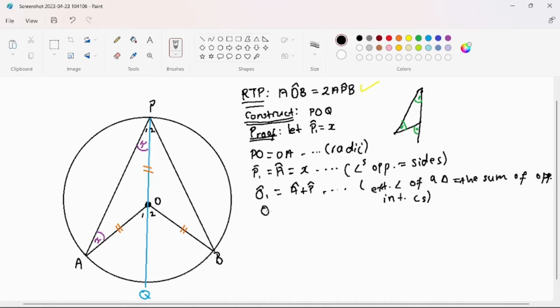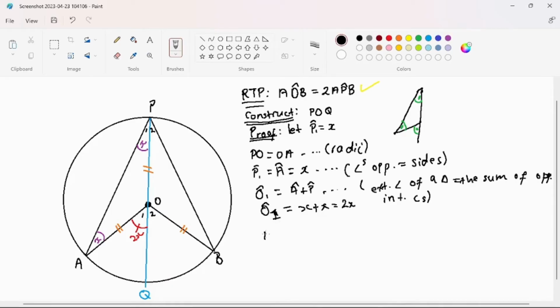So what does that mean? It means that our O1 is going to be X plus X, which is going to give us 2X, right? So we obviously have to label it on our diagram. So we are going to have 2X here. On that other side, guys, this is O1, right?